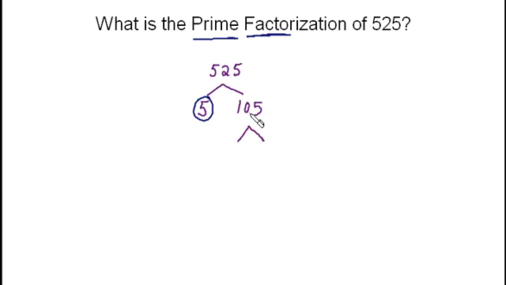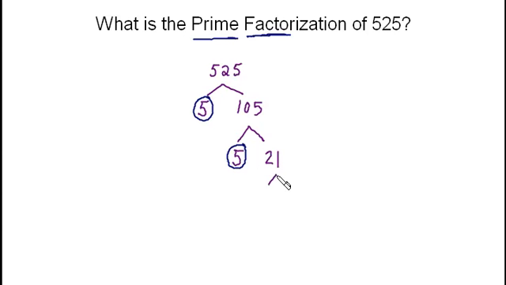Well, the last digit of this number is also a 5, so we could use 5 again. And when I divide 5 into 105, I get the number 21. So we know 5 is prime, so we're done with this branch. And now we have to factor 21.